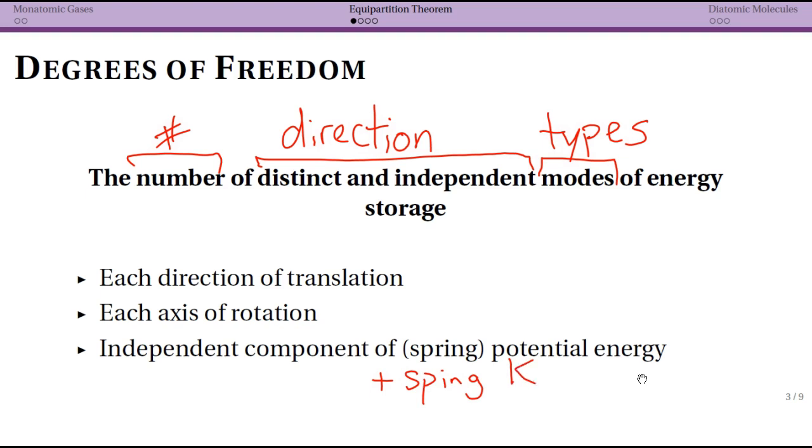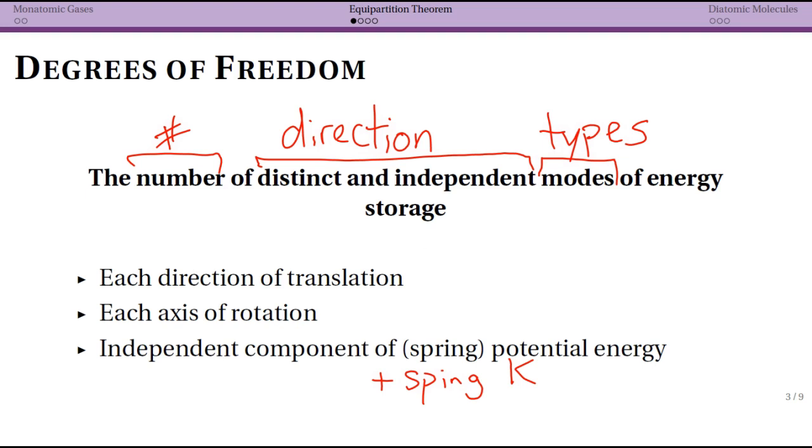And part of the reason you have to think about this is that translation is really the whole thing moving, say, in a straight line at a constant speed. But once you start adding them to a spring, you actually get 2 for each spring direction, 1 for the kinetic energy, 1 for the potential energy. So, different ways of counting degrees of freedom.